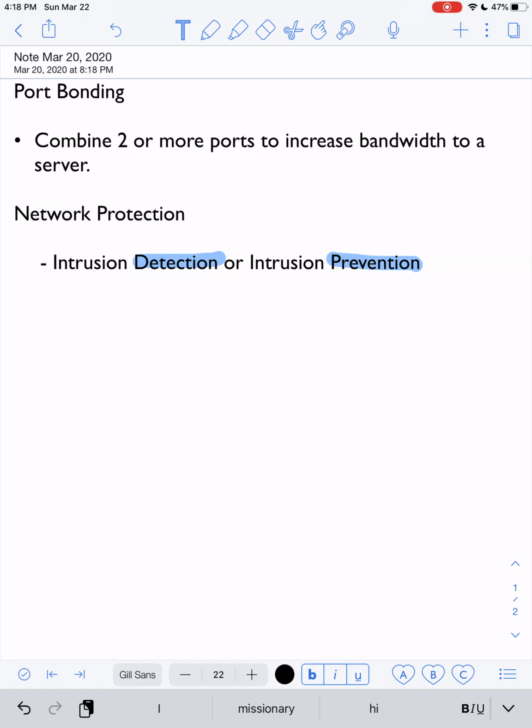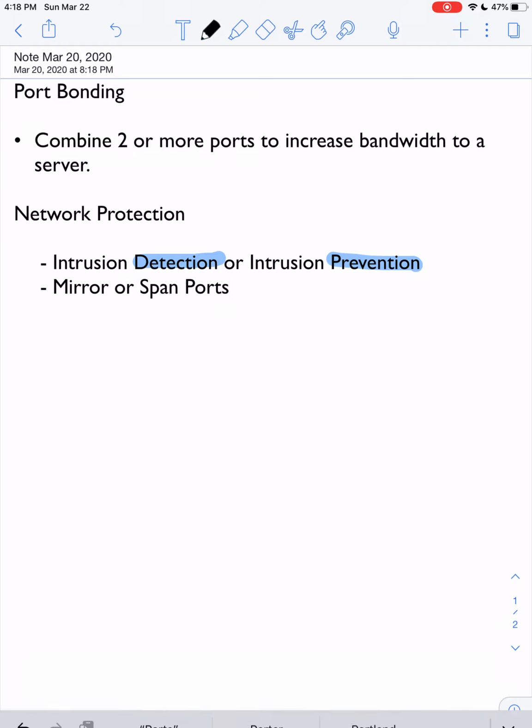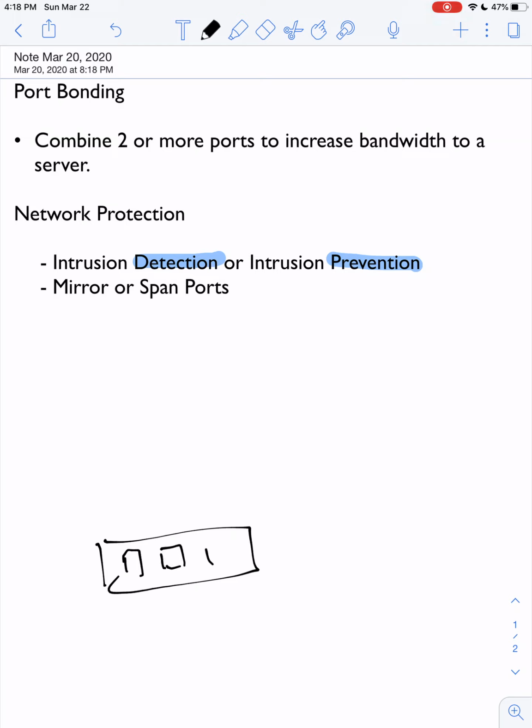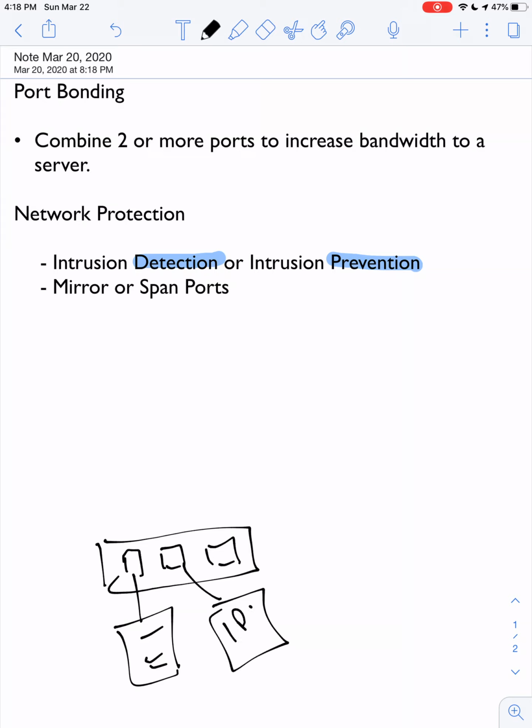We can mirror ports or span ports. Now, this is something specific. We use this a lot: we put some of these intrusion detection and prevention systems through span ports. So here we have a switch, and in this switch we might have a server, could be a web server for example, and over in this port we have some kind of security device. It could be, we'll say, an IPS or an IDS.